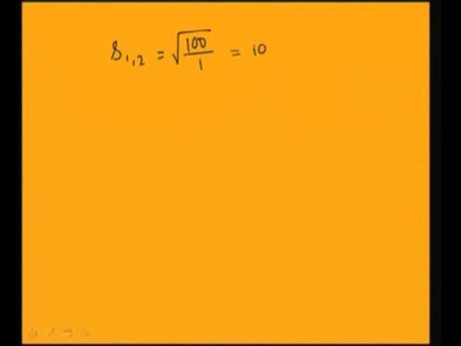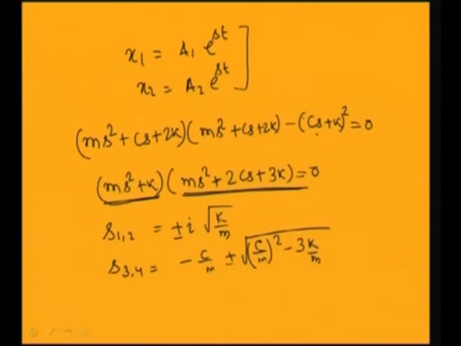So this becomes 10, plus minus i into 10. Because s square equals minus k by m, so s equals plus minus i into root over k by m.